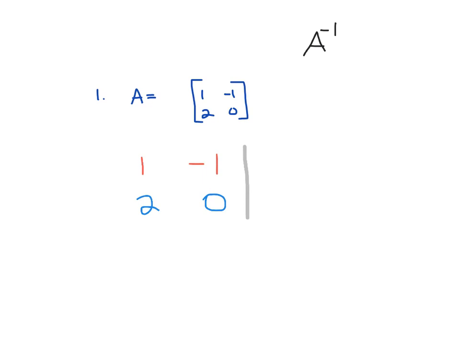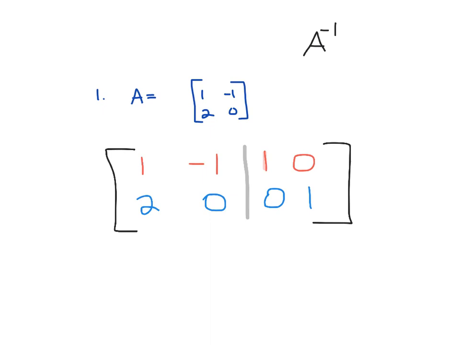If you recall, the identity matrix is the 1, a 0 here, and then a 0 and a 1. Remember, you're trying to get the 1s down the diagonal and then replace all the other numbers with 0s.